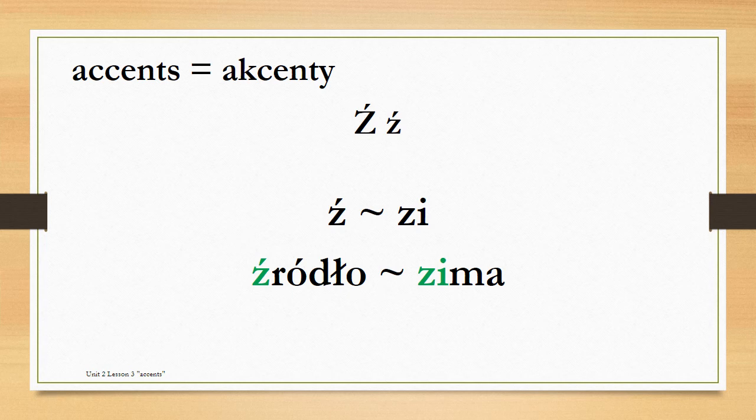So the first example is źródło, and the second one is zima. So źródło means a source, and zima, you might remember from previous lessons, means a winter. So źródło, zima. Quite similar. Alright?